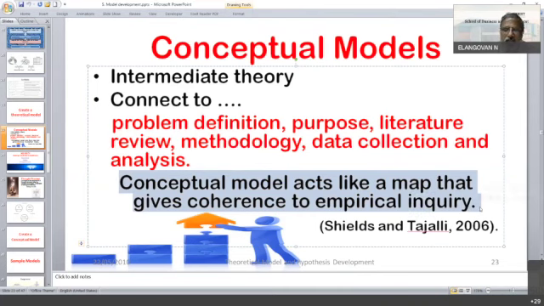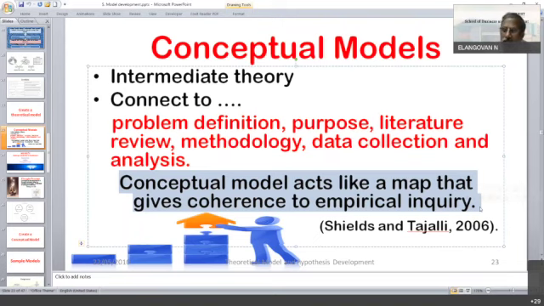Having a conceptual model will help you throughout your research. If a conceptual model is there, I know what I'm going to measure. I know what analysis has to be done to prove the hypothesis. I know what research question is emerging. What objectives can I set?